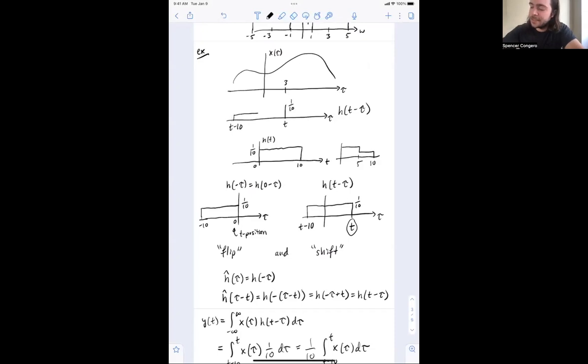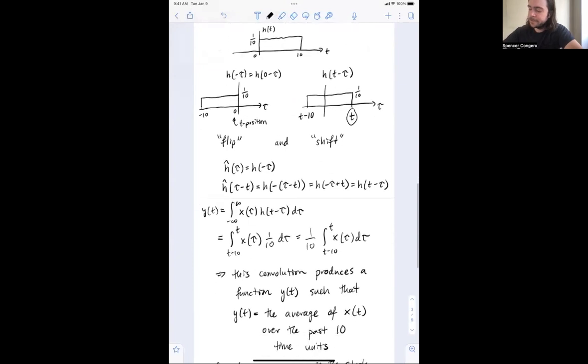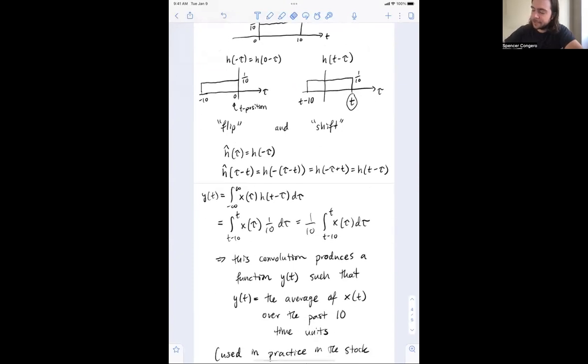Okay, so you can see how this is a pretty general notion that can be used to achieve a lot of different results. Okay, so that's what convolution's doing. You're taking your x of tau and you're using this function as weights when you go to integrate this x of tau.